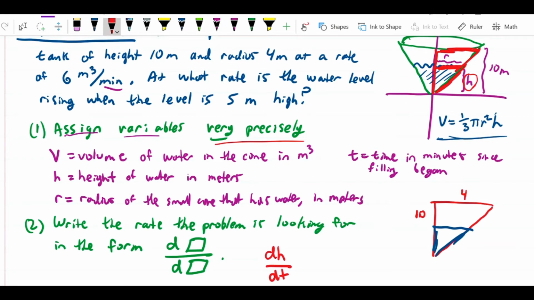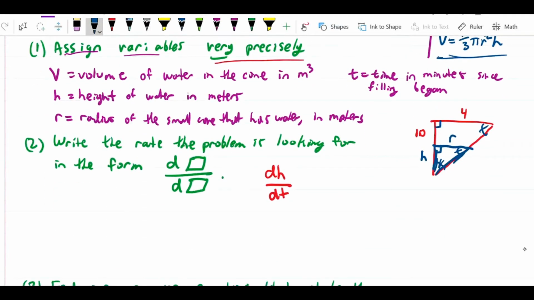I know I haven't drawn this anything like in proportion. The small triangle has a height of h and a radius of r. But these triangles are similar to each other. Why? Because they both have a right angle here. They share this common angle, or rather, these angles are congruent by a theorem having to do with transversals that you should remember from geometry, and then they share this angle. So these triangles are similar, and what that means is that 10 over 4 is equal to h over r.